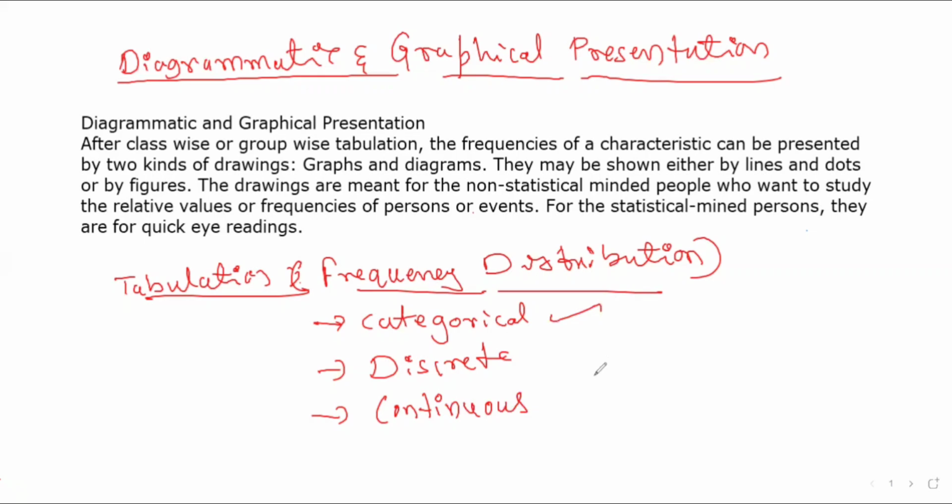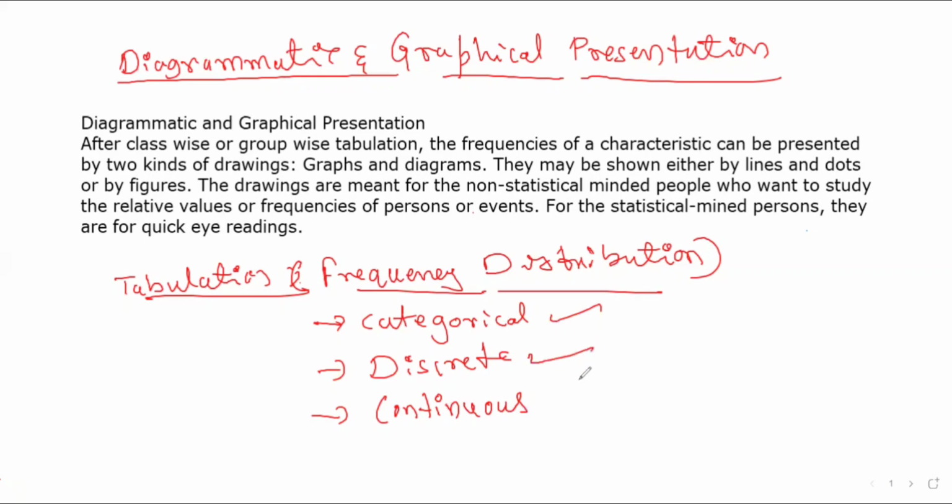Say, for example, for a number of patients, if a treatment is given and the feedback or opinion is collected from those patients, such as good, very good, poor, very poor, likewise. To represent such different categories of data, we use categorical frequency distribution.